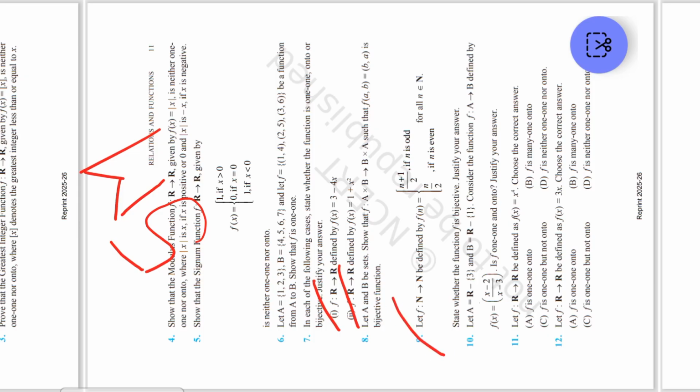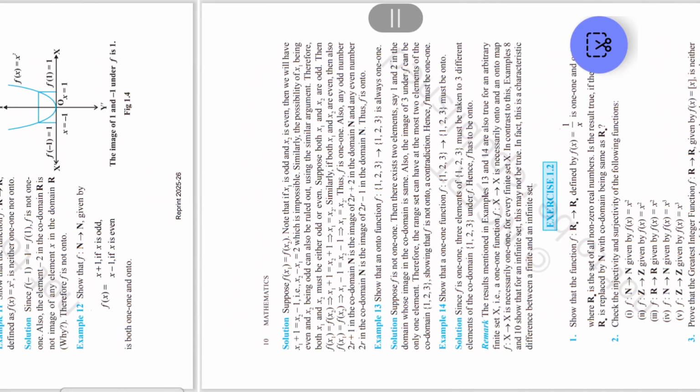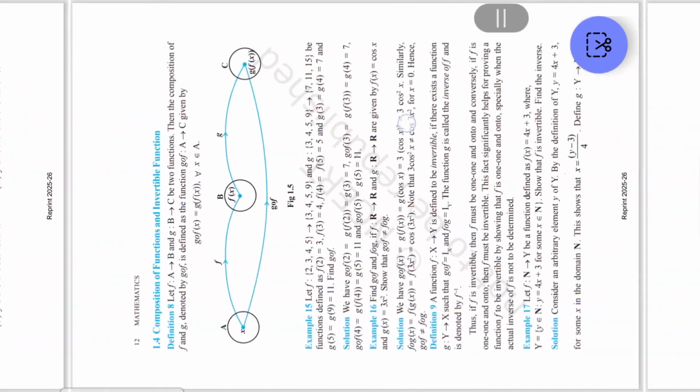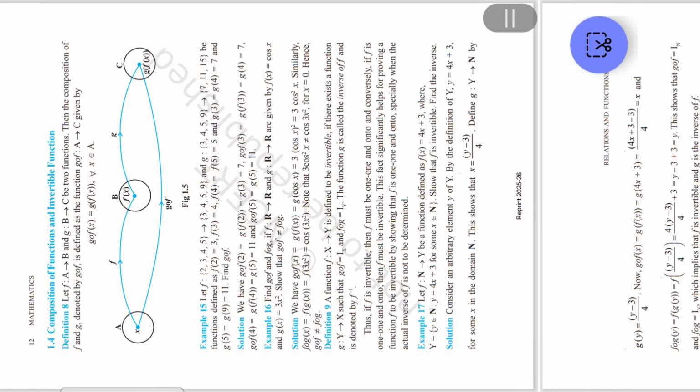Then the ninth one, and example 17 is important, and example 15 is important. These are all questions for 3 marks and 5 marks of the chapter relation and function.